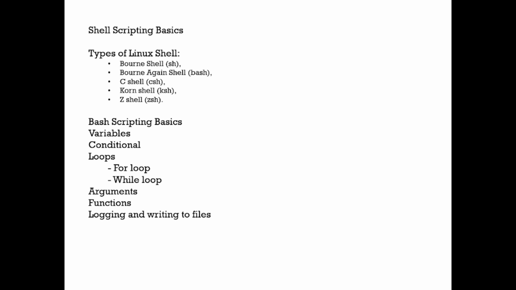What we are going to learn is the scripting basics. We'll cover variables, conditionals, loops, arguments, functions, and then logging and writing to files. If you have a programming background, say you know Python or JavaScript, this shouldn't be new to you, because it's basically the same thing. In Python, we still have variables, conditionals, and loops.